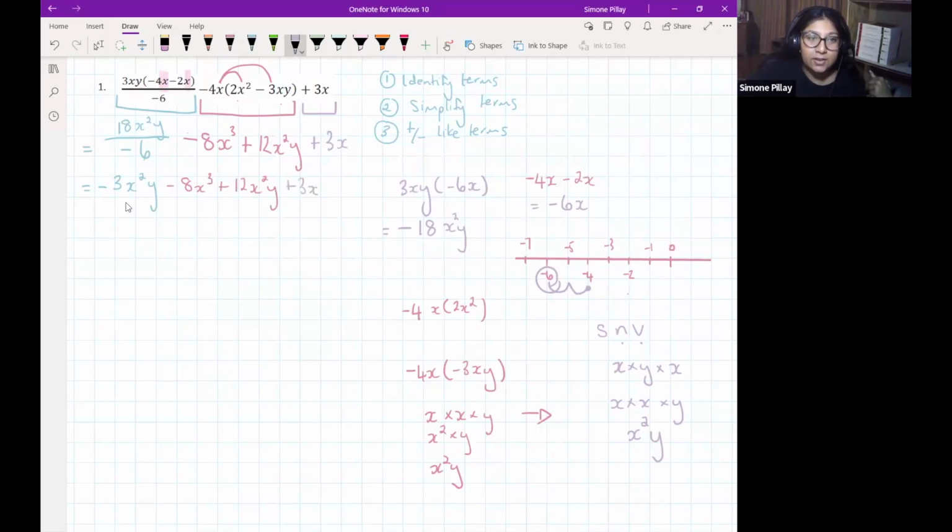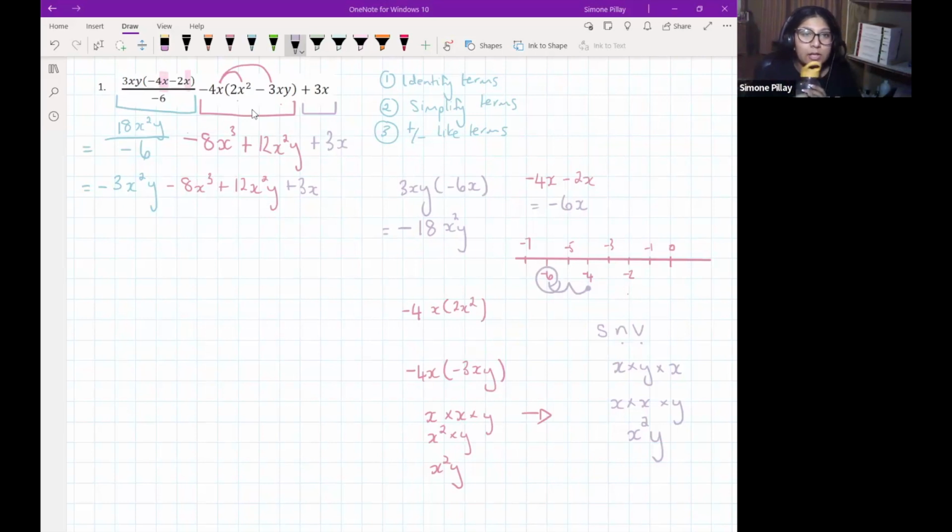Now that I've done that, I can add and subtract like terms. So can you guys tell me, are there like terms in my step, this last step that I've got here? Are there like terms for me to add and subtract? I made a mistake.